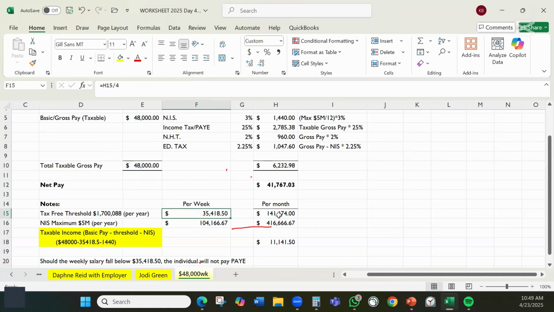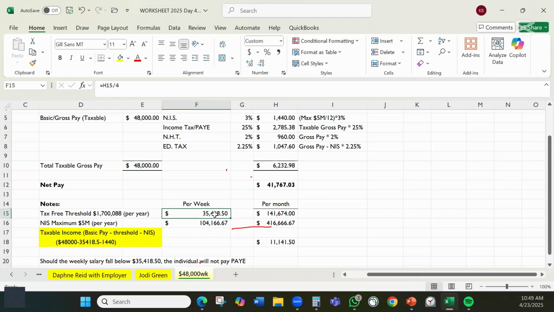So you have to be mindful about which payroll you are calculating. Are you calculating a monthly payroll or a weekly payroll? If it were a fortnightly payroll, then this would be times 2, right? So the threshold would now be 35,418.40 times 2. That would be the threshold if you were paying the person fortnightly.